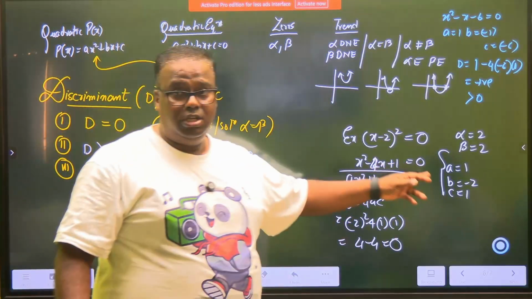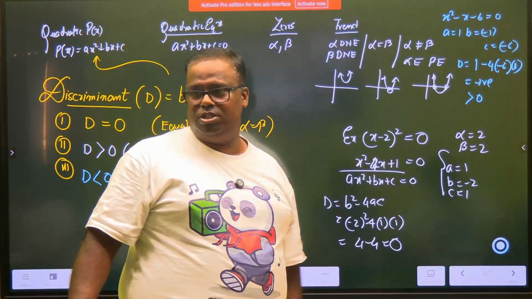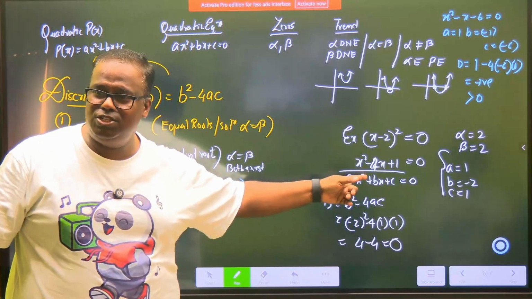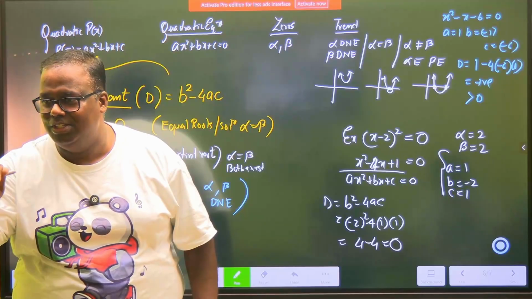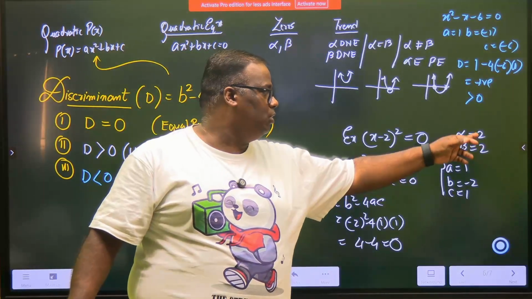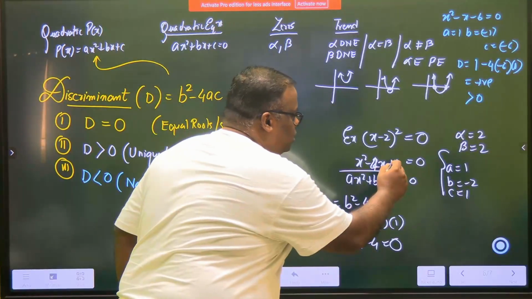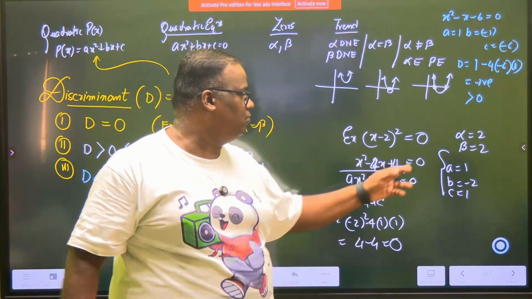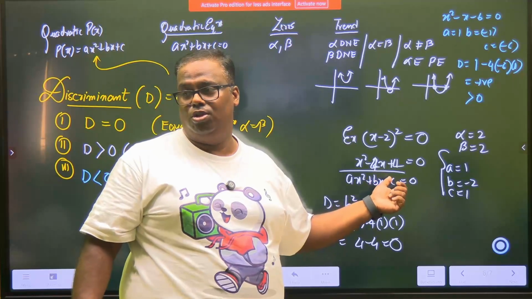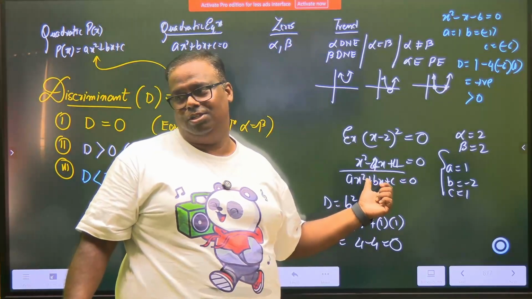Now look, if you do alpha plus beta, what is the value? 4. If you do minus b by a, minus of minus 4 by 1, the answer is 4. If you do product of the roots, 2 into 2, 4. Then this should also be 4. Product of the roots is c by a. C is 4. 4 by 1 is 4.